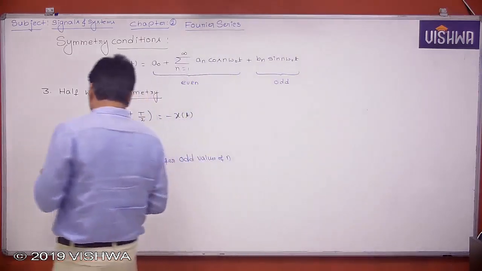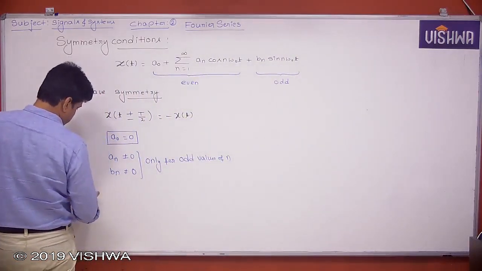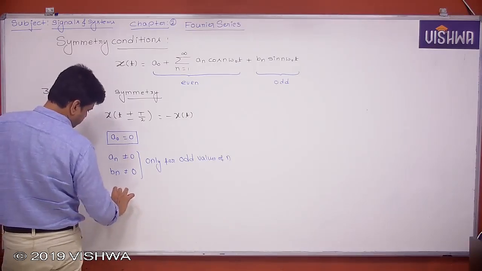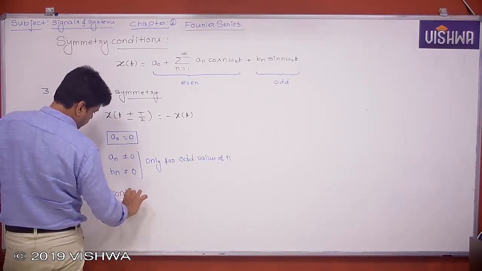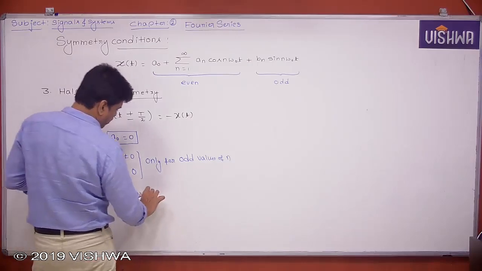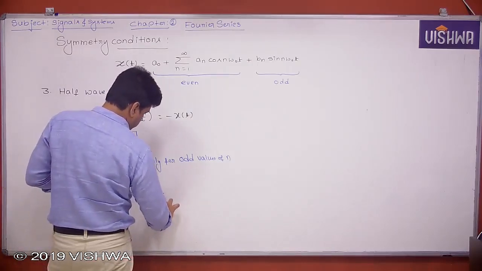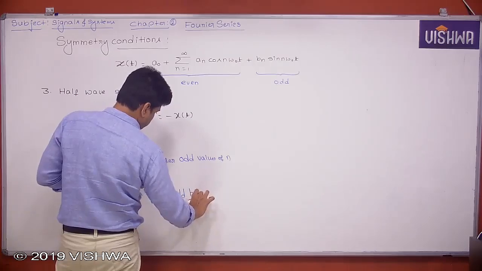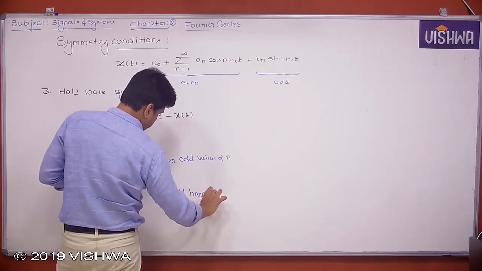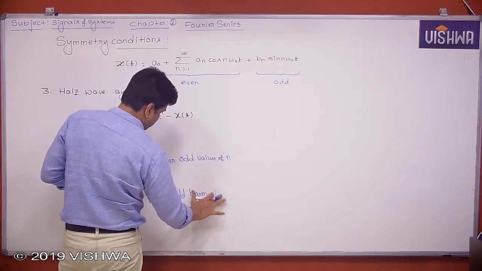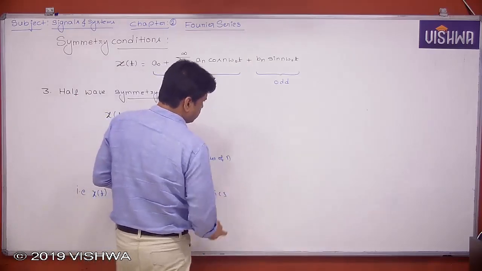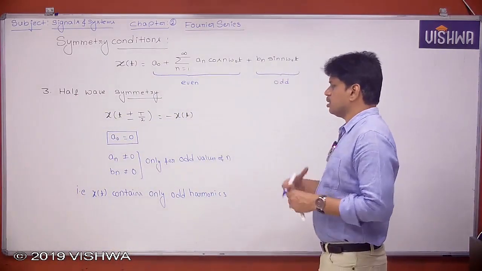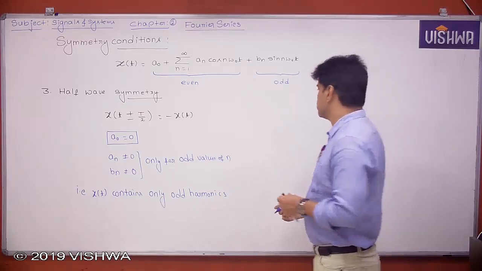That means x of t contains only odd harmonics. Let me give you a waveform so that you can understand how half wave symmetry will look.